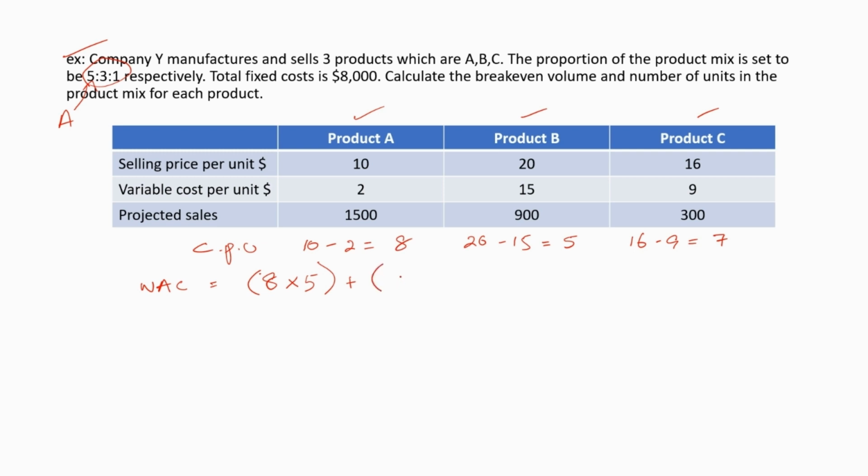For product B, the contribution per unit is equal to 5 and the number of units in the product mix is equal to 3. For product C, 7 multiplied by 1, divided by the total number of units in the product mix, which is equal to 5 plus 3 plus 1, which is equal to 9.